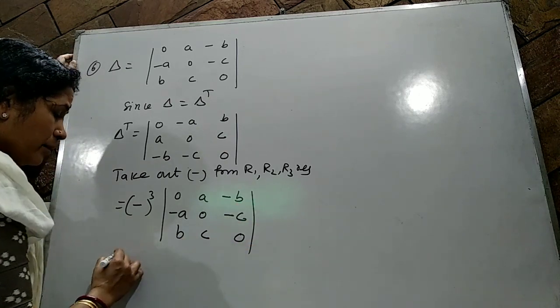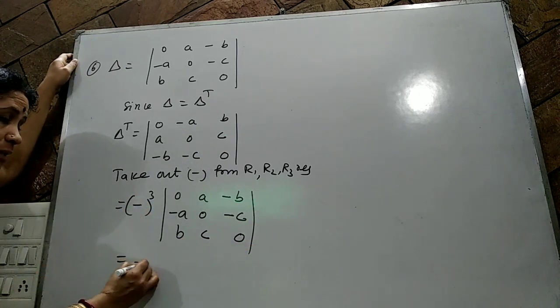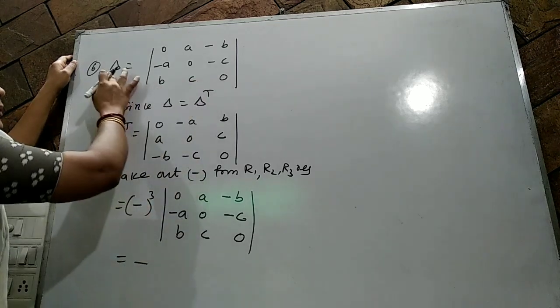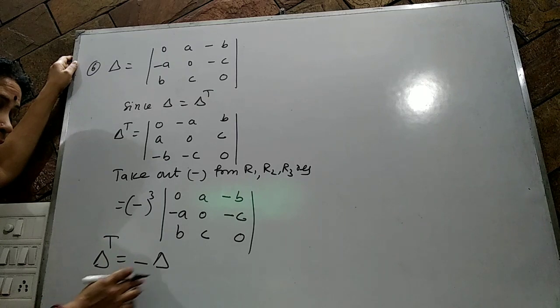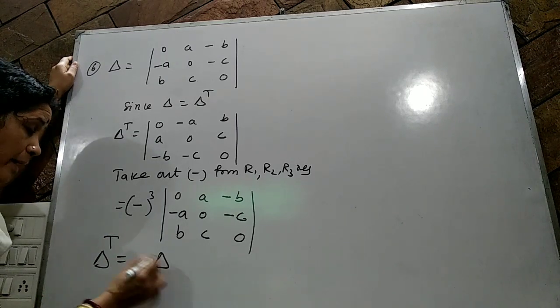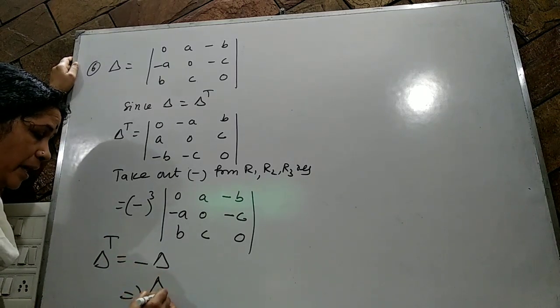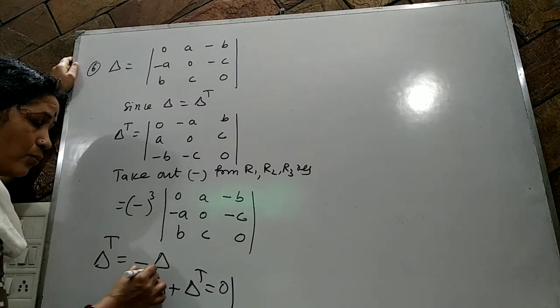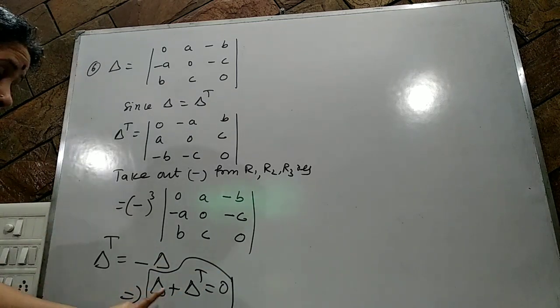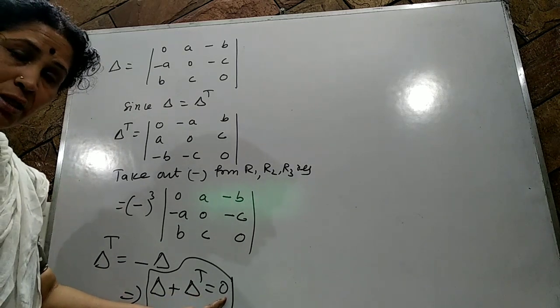So we are getting the same delta. So delta transpose equals minus delta. This implies if I take delta to this side, delta plus delta transpose equals 0. They asked delta plus delta transpose always equal to 0.